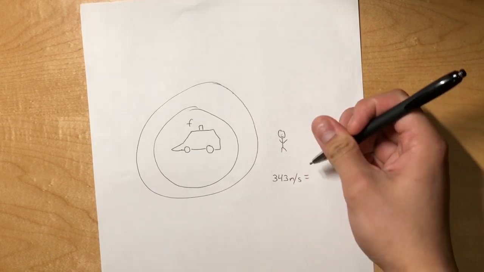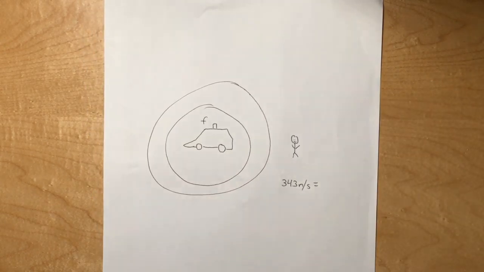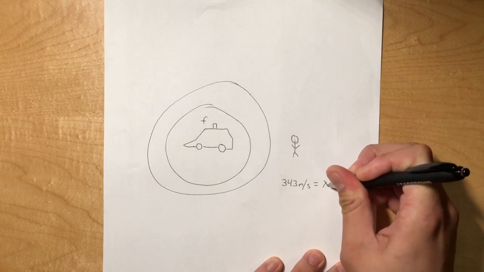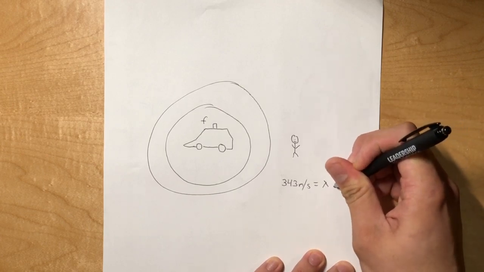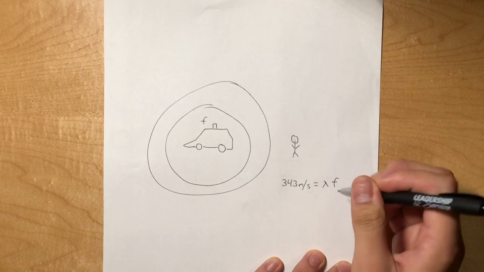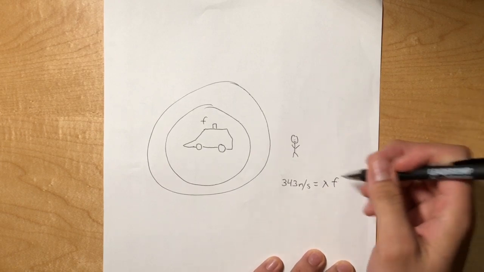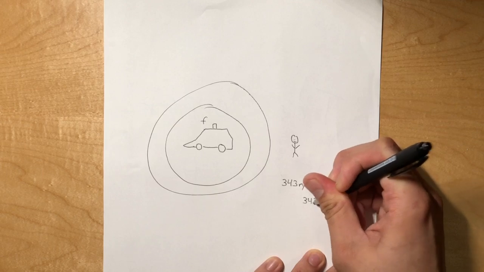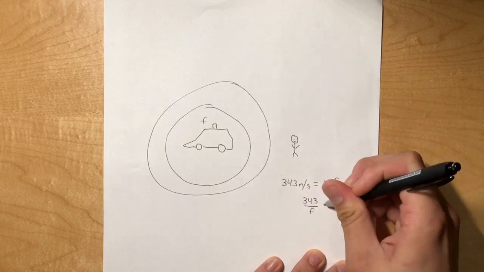And that's going to be equal to our wavelength times our frequency. And remember, we just said F is a constant that's given. This is just a general example. So in this case, our velocity is going to be wavelength times our F. And to solve for wavelength, all we got to do is divide by F. We have 343 divided by the frequency equals our lambda.